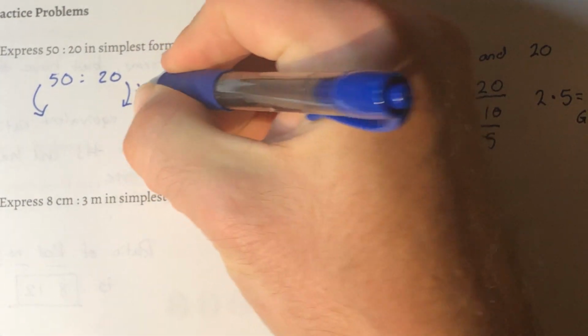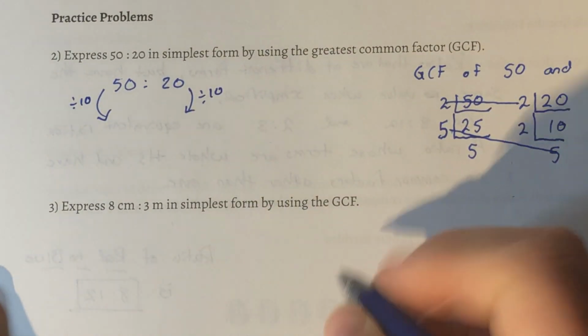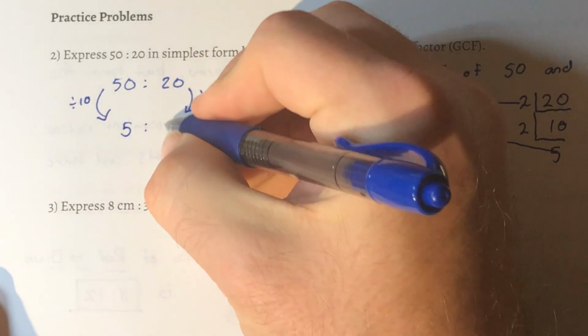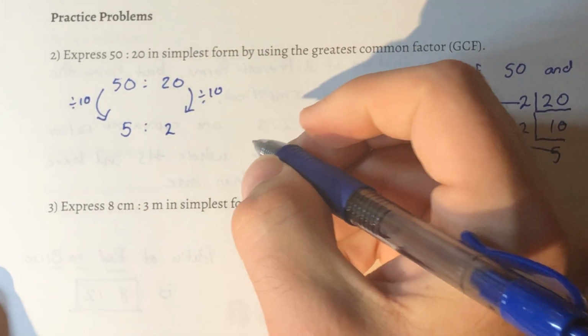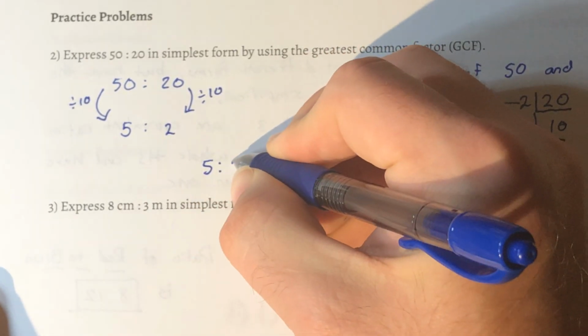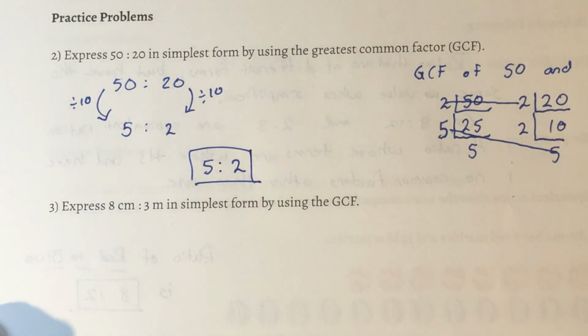Alright, so we're going to divide 20 by 10 and 50 by 10. 50 divided by 10 is 5. 20 divided by 10 is 2. What does that mean? That means, because I divided by the GCF, 5 to 2 is my answer, and I don't have any other work to do. And I'm very happy about it.